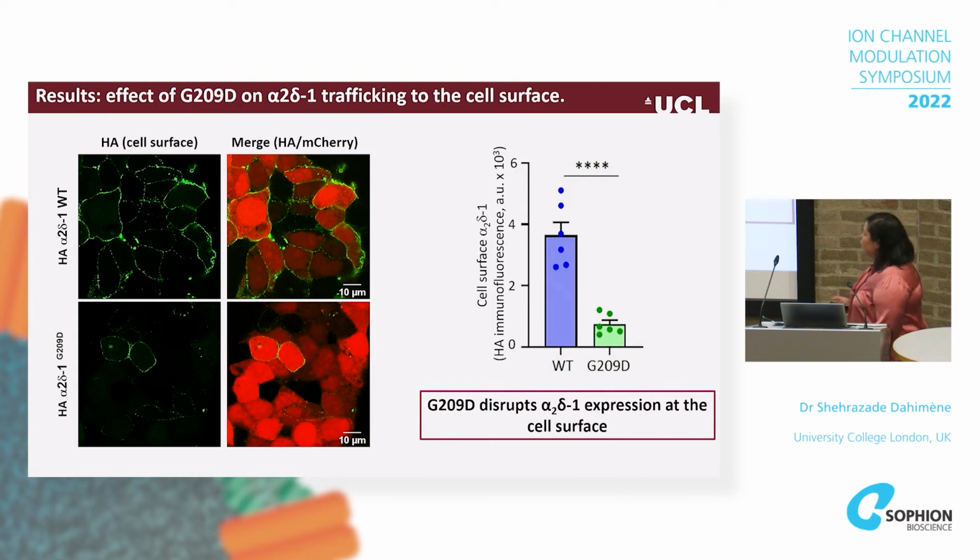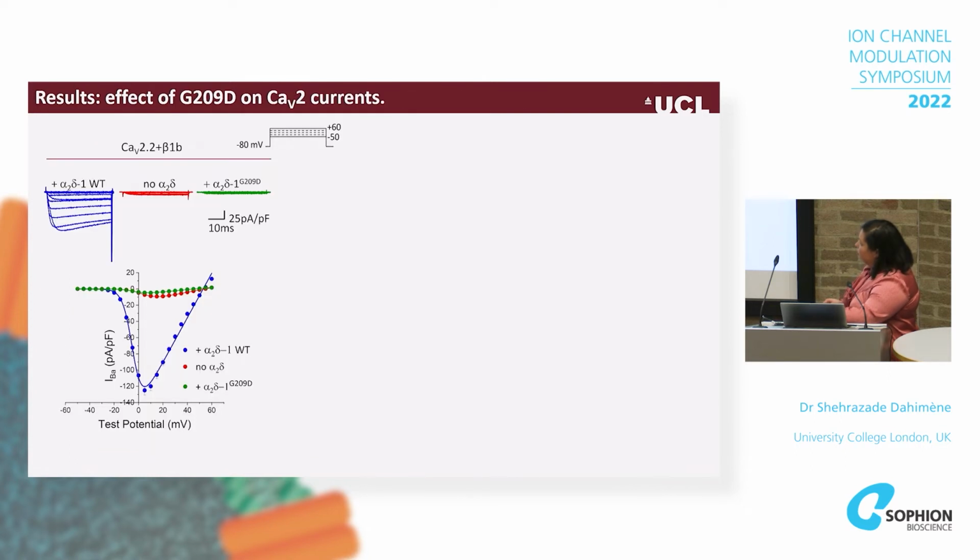So as I said, alpha2delta-1 is an important auxiliary subunit for CaV2.2. So what happened to the CaV channel function? We used the patch clamp technique, and this is an example of current traces and IV. We expressed CaV2.2 together with the beta subunit with either wild type or mutant alpha2delta-1, and compared to the condition where no alpha2delta was expressed.